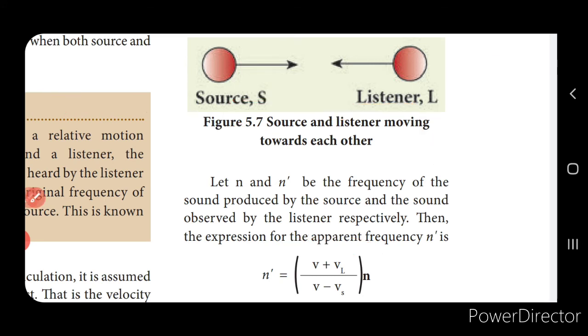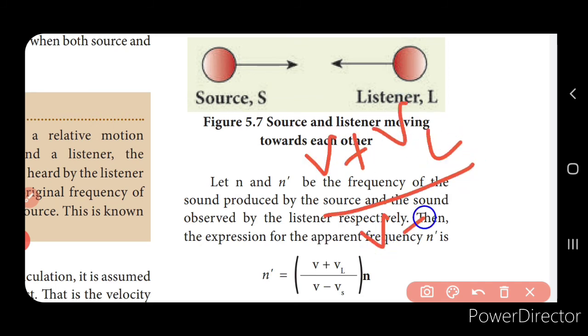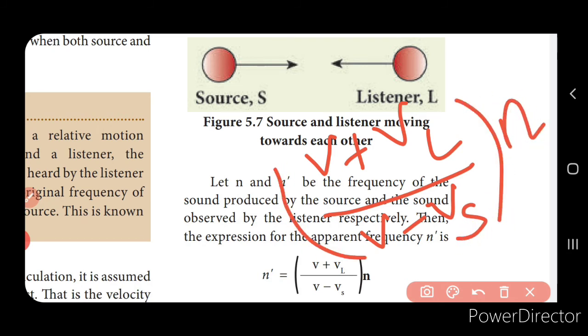This is given by N dash equals (V plus VL) divided by (V minus Vs) into N, where V is the velocity of the sound, VL is the velocity of the listener, Vs is the velocity of the source, and N is the frequency of the source. So N dash is the apparent frequency, that is the change in the frequency we said, isn't it? This can be calculated using this formula.